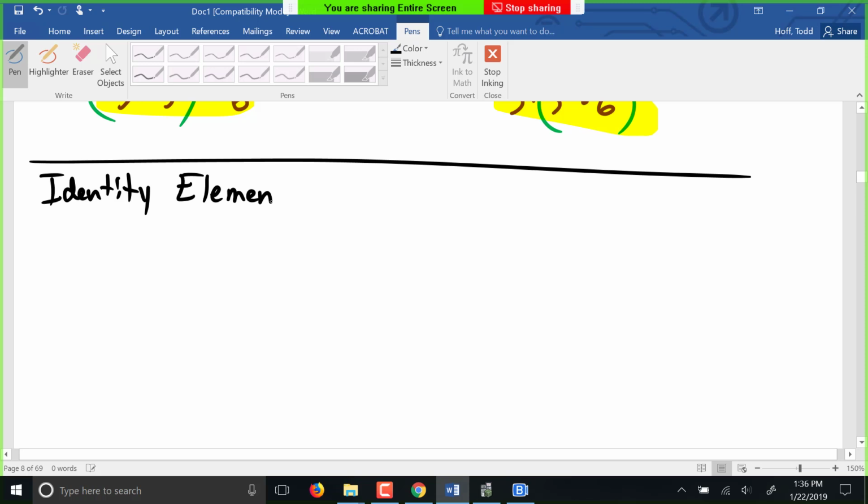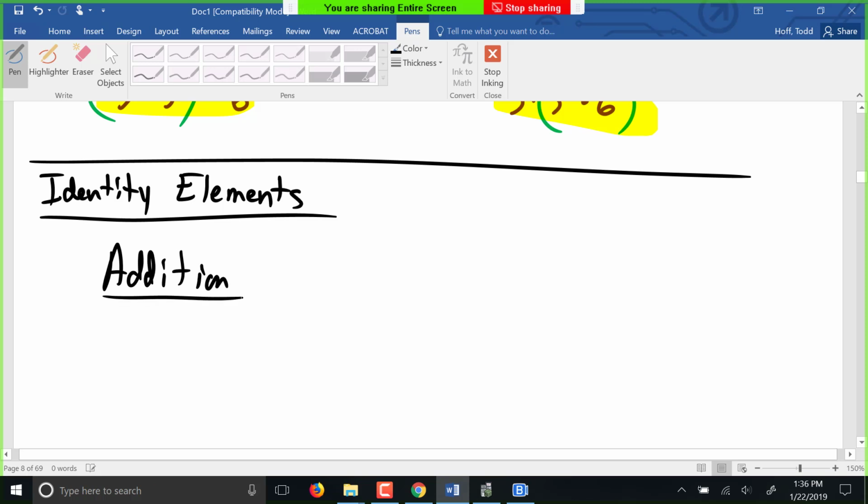Each of our base operations have something we call identity elements. Identity means you get the same thing, they're identical.